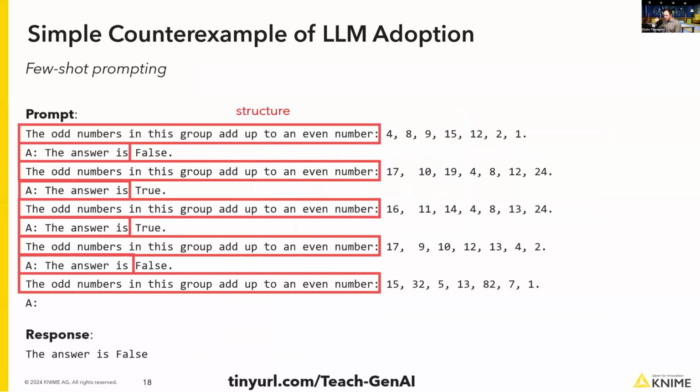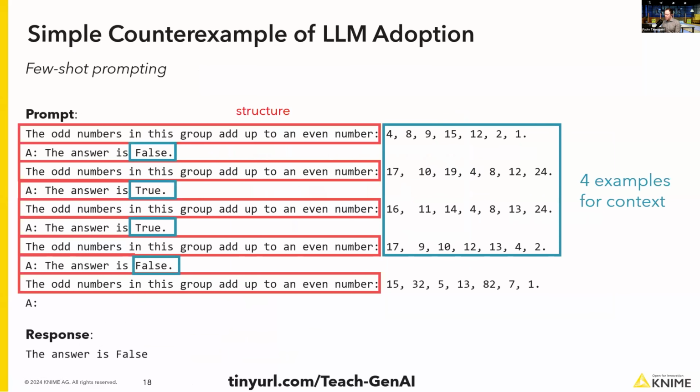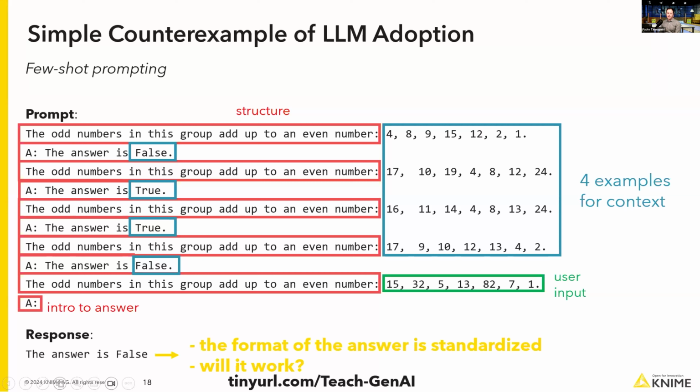So here's the structure. We always provide the same: 4 examples, and then at the end the user input. We can also give an introduction to the answer by adding a colon to the input of the model. And we can actually then see maybe, is this going to work?